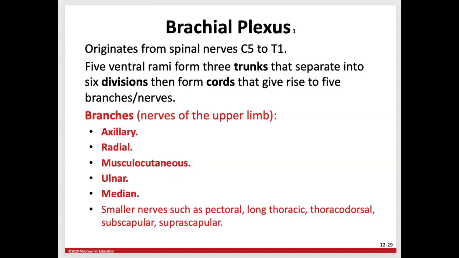And you can imagine, if you had to guess, that the radial nerve goes probably along the thumb side, the ulnar nerve probably goes along the pinky side, the median nerve probably goes towards the middle. I'm not going to test you on that, but the axillary nerve probably goes somewhere into the armpit region. So it's just interesting the way these are named, and how you can relate that to where it might be located.